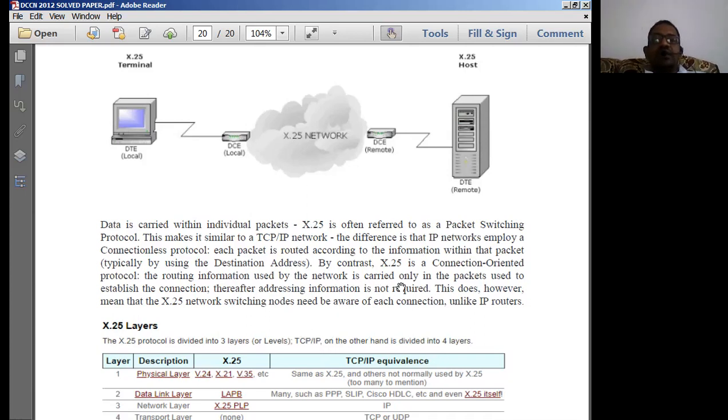By contrast, X.25 is a connection oriented protocol where the routing information used by the network is carried only in the packets used to establish a connection.